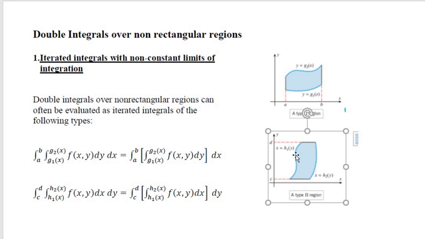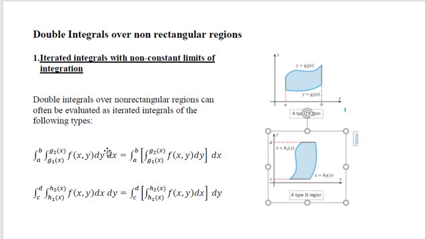So we can see that the length of this strip is varying, which means that variation of x is not constant. So in type 1 region, limits of x are constant and limits of y are non-constant, and in type 2 region, limits of y are constant but limits of x are not constant.